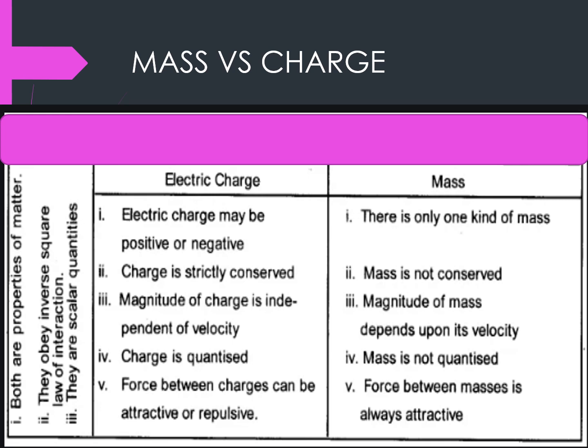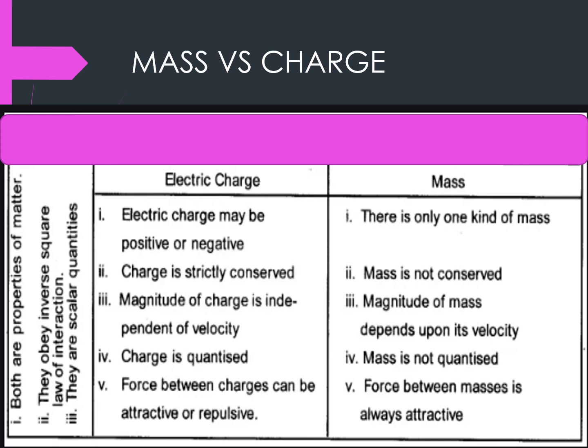Next, a very important point is that charge does not vary with velocity. It remains constant. It means the positive charge remains positive and the negative charge remains negative. The value of the charge remains the same with velocity.